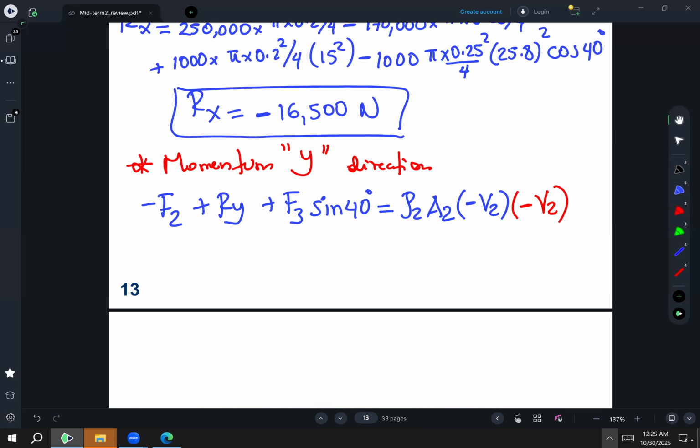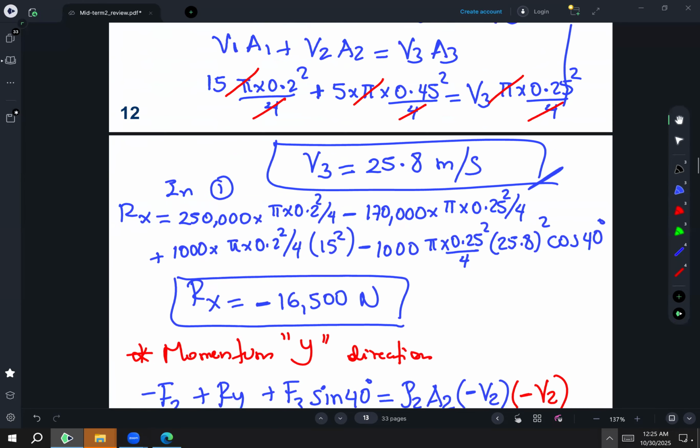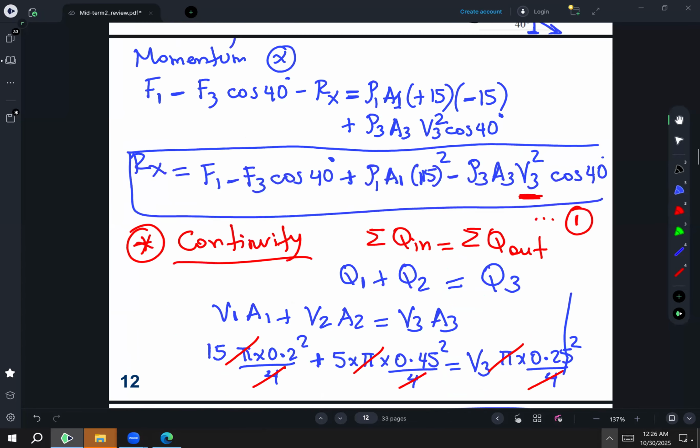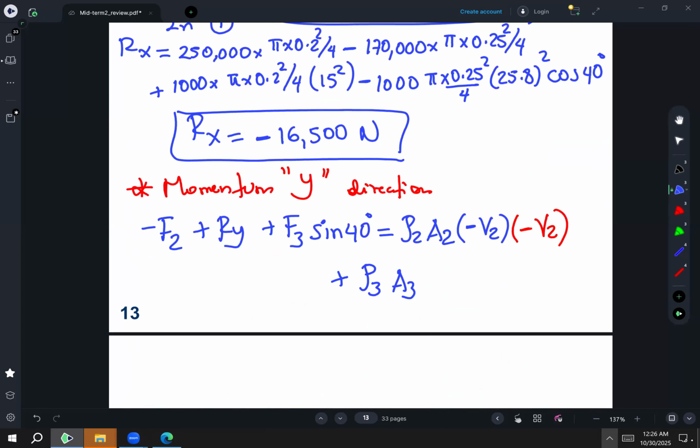Now we do the same thing for pipe 3. So we have plus density 3, area 3, and now the velocity. Velocity 3 is going this way, and it has a component in the positive x direction and a component in the negative y direction. So it's going to be minus v3 sine of 40 degrees.